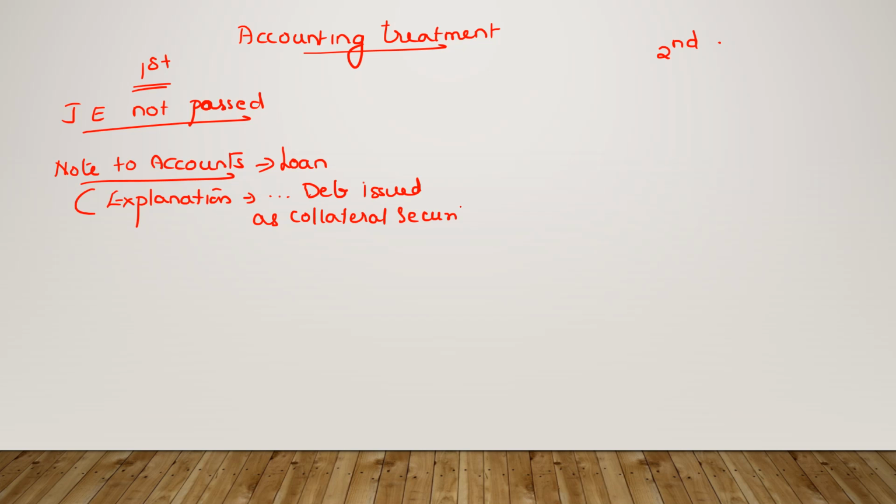So this is how the accounting treatment would be for the debentures issued as collateral security when the company decides not to pass any journal entry in the books of the company.